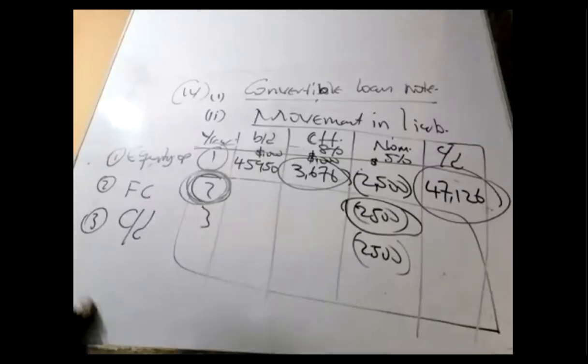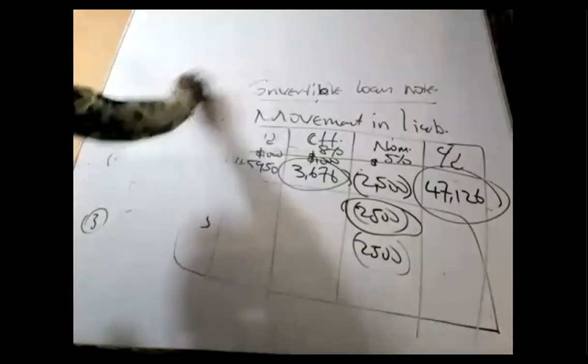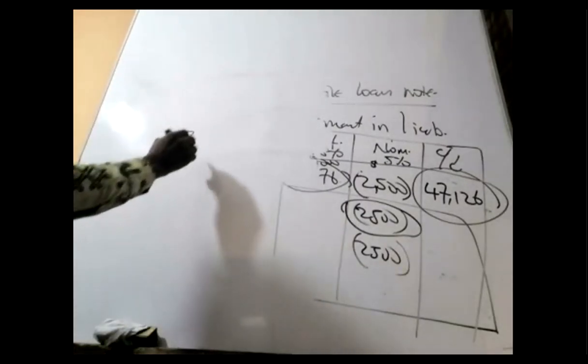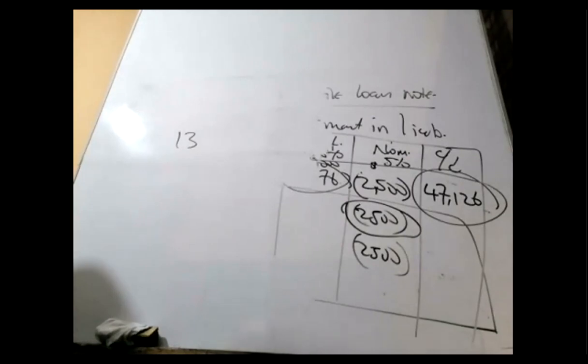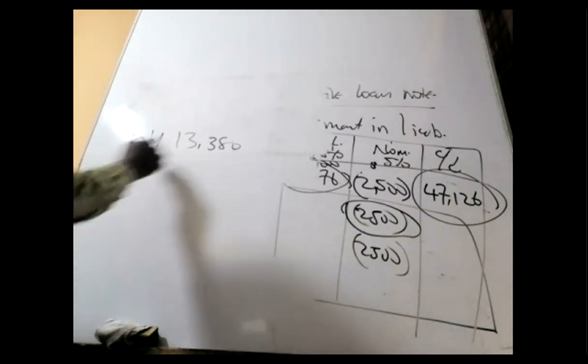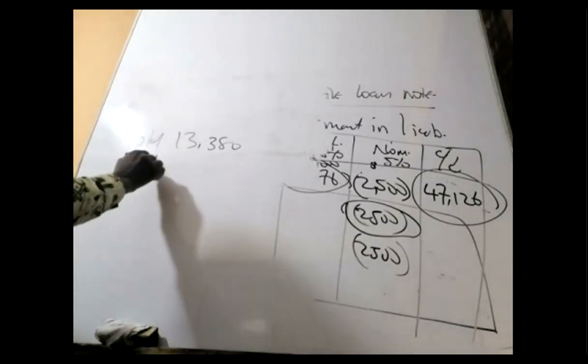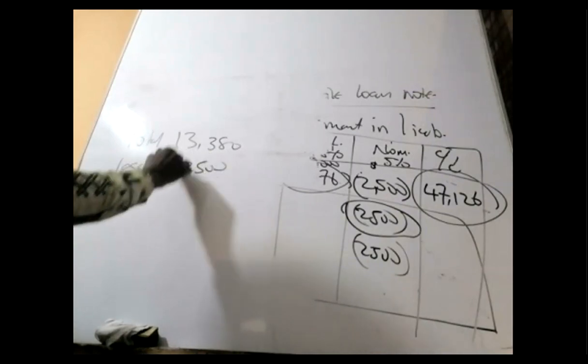So the simplest way to look for the dividend is to tell the examiner, I'll take 13,380 and then take the 2,500 from it to give us the answer. So the total amount is 13,380, the interest paid is 2,500.